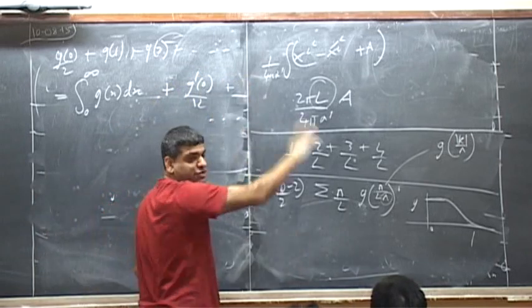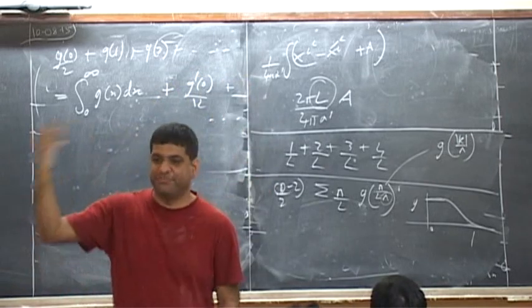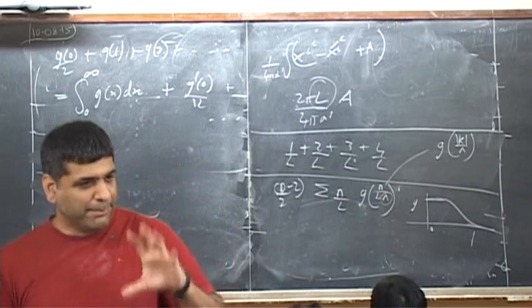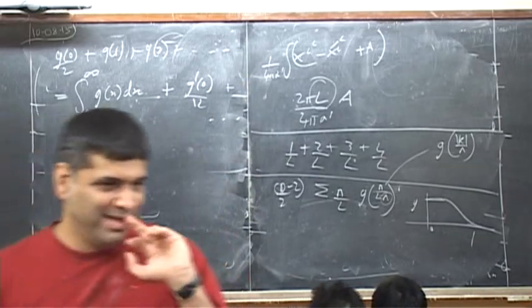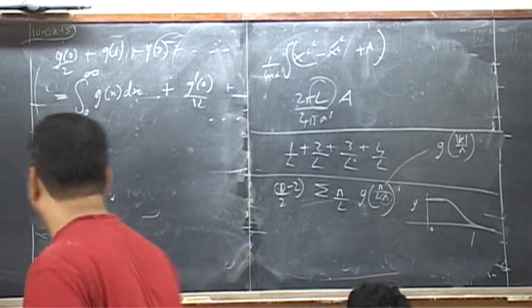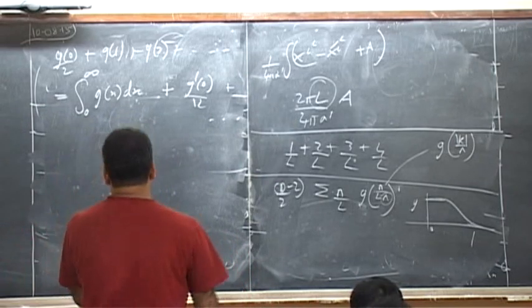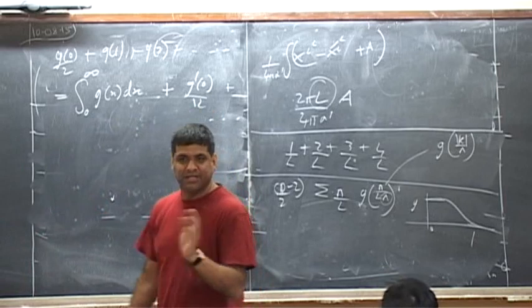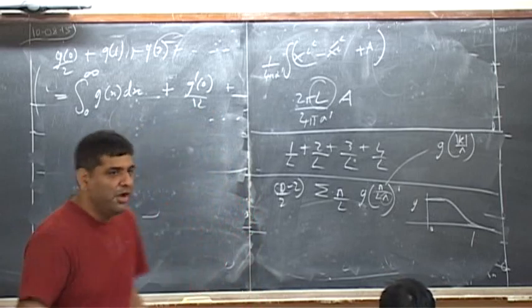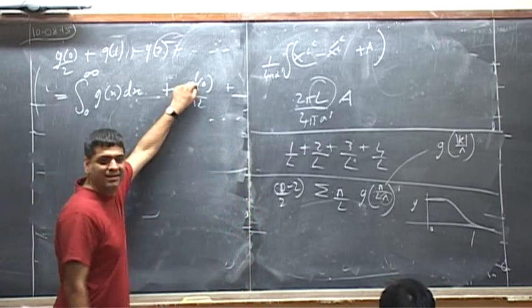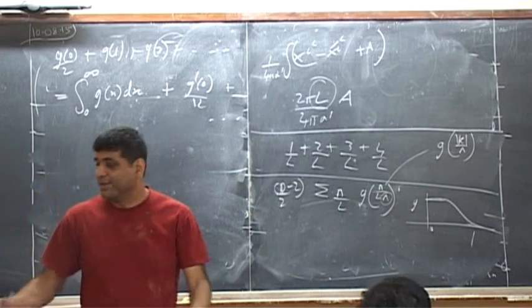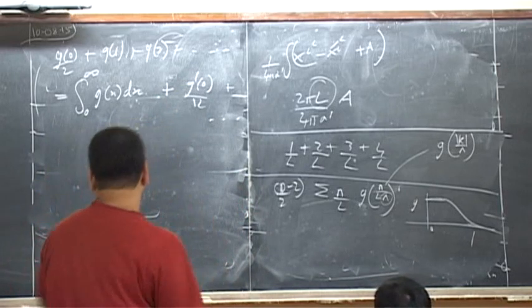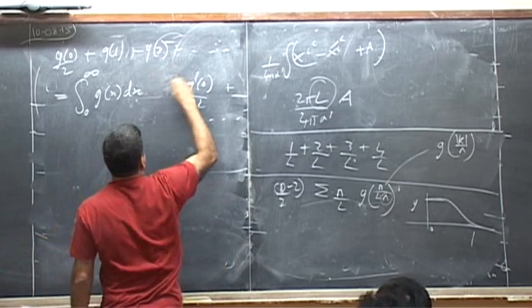And then there are further correction terms proportional to g triple prime, g fifth prime, and so on. The numbers that appear in this expansion are the Bernoulli numbers, some well-studied numbers. All we will care about is the first term. It's the only thing that will matter to us. And this actually is minus.